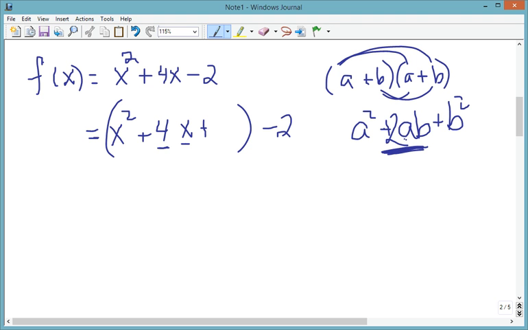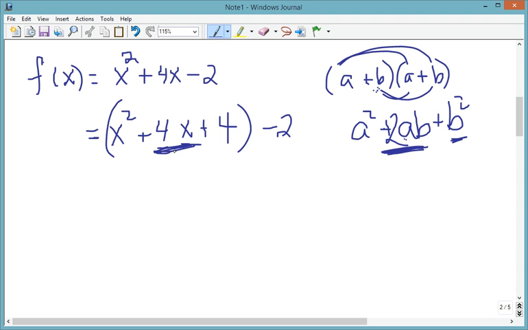And b is the thing that is in our second slot here. So if I half this, I just take half of the number part, right? Half of 4 is 2. And I square that. That would be 4. That's like my b squared.